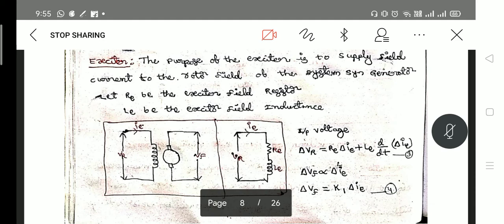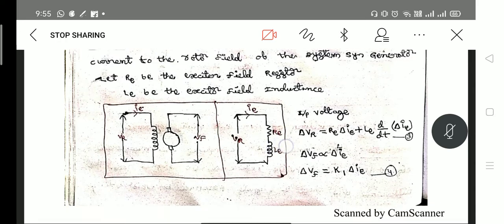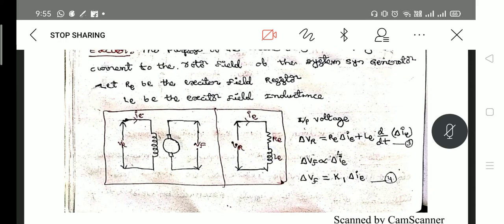Here Re is the exciter field resistance and Le is the exciter field inductance. Here I am applying KVL for this circuit. So what we get: delta VR is equal to Re into delta IE plus Le into d by dt of delta IE.